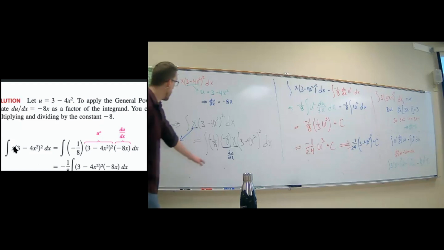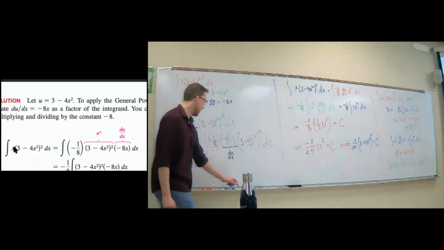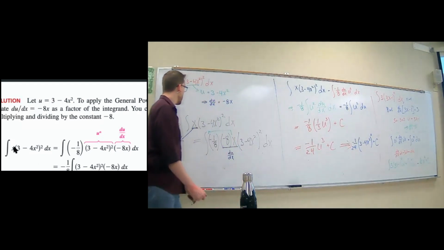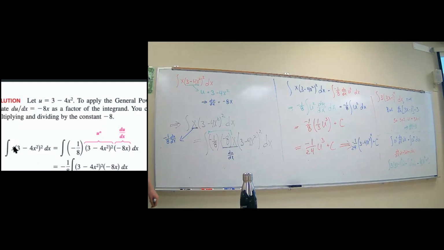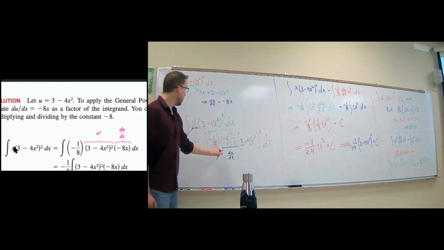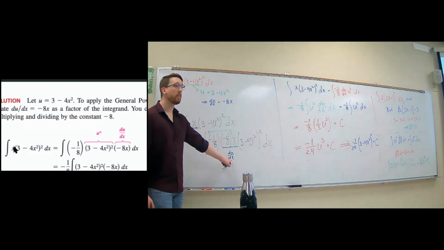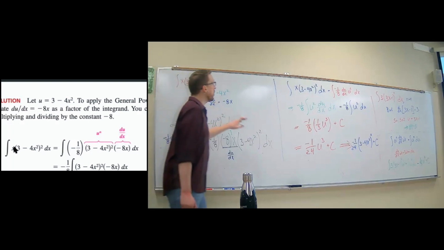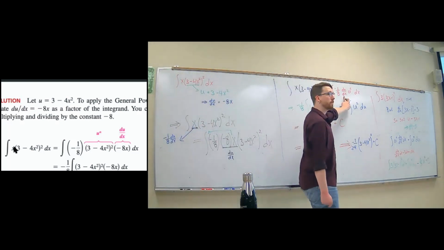That's what we did right here. We just multiplied by 1. Then we said, cool, that allowed us to pull out du dx. And what was left over was the negative 1/8. So with all of that in mind, we're able to rewrite this original integral like this.